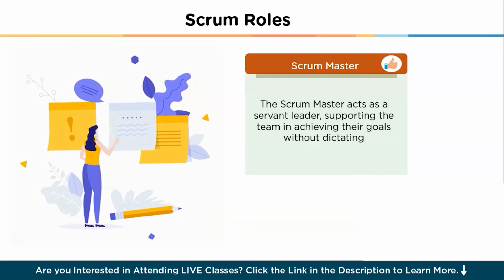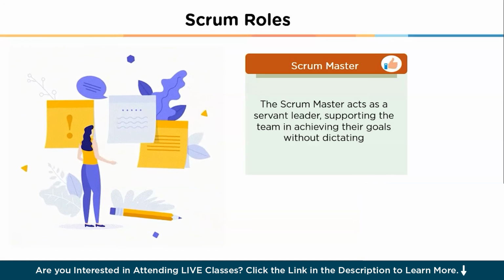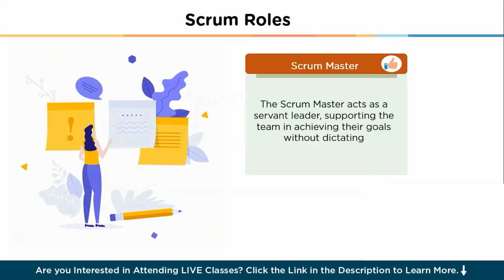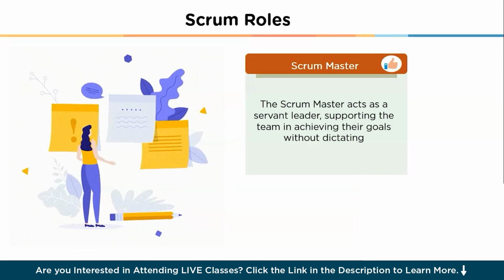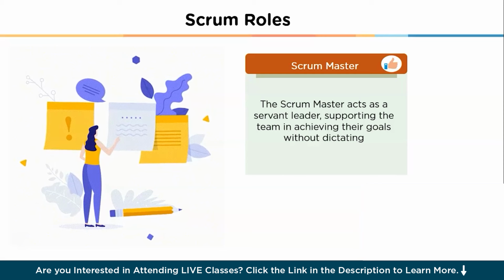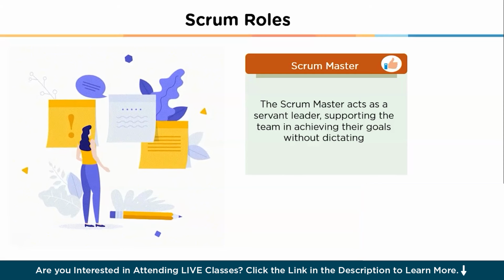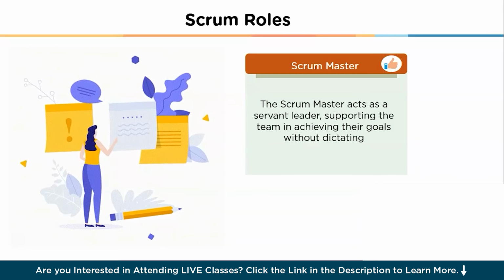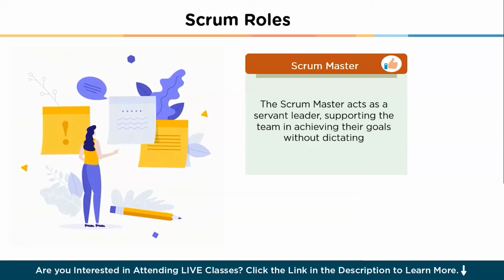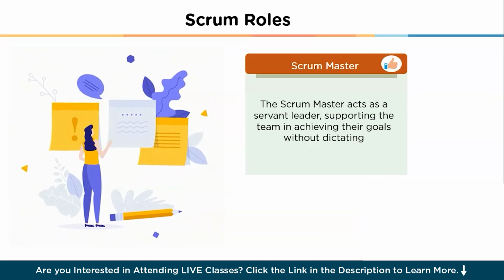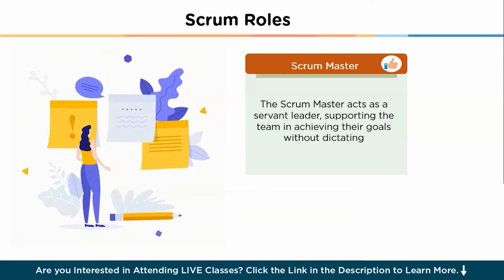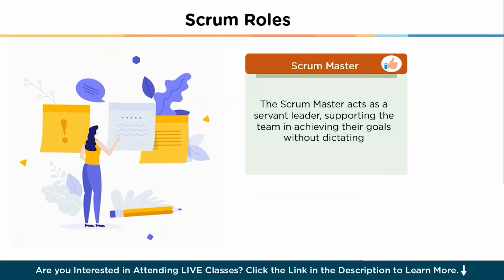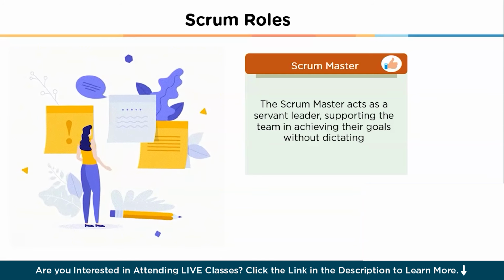The key responsibilities of the Scrum Master include facilitating Scrum events like sprint planning, daily Scrum, sprint review, and sprint retrospective. Then comes removing impediments that block the team's progress. Moving ahead, we have coaching the team on Scrum practices and principles. Then protecting the team from external distractions and interruptions. And finally, promoting a healthy team dynamic and addressing conflicts.